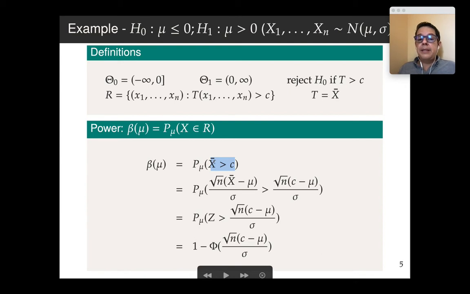We can normalize the stochastic variable x bar in order to have 0 mean and 1 standard deviation, which is this part. As you can see, the left hand side of this inequality undergoes the same changes that were applied to this stochastic variable.